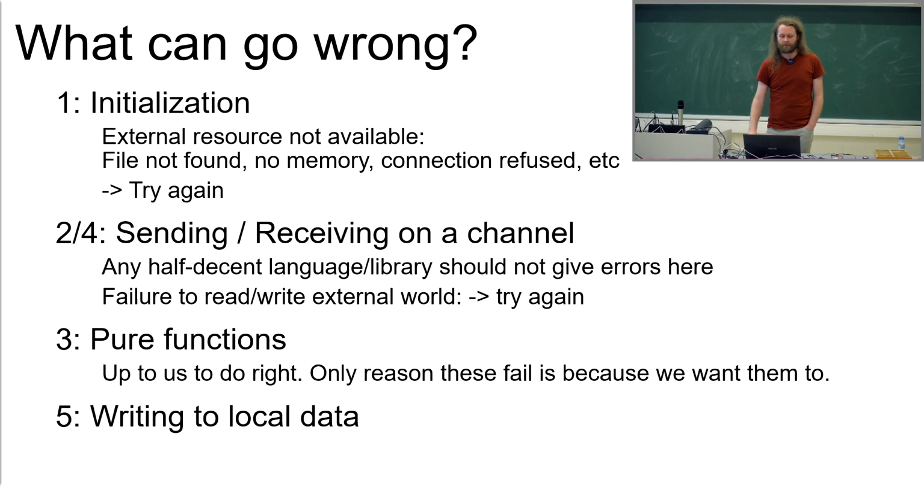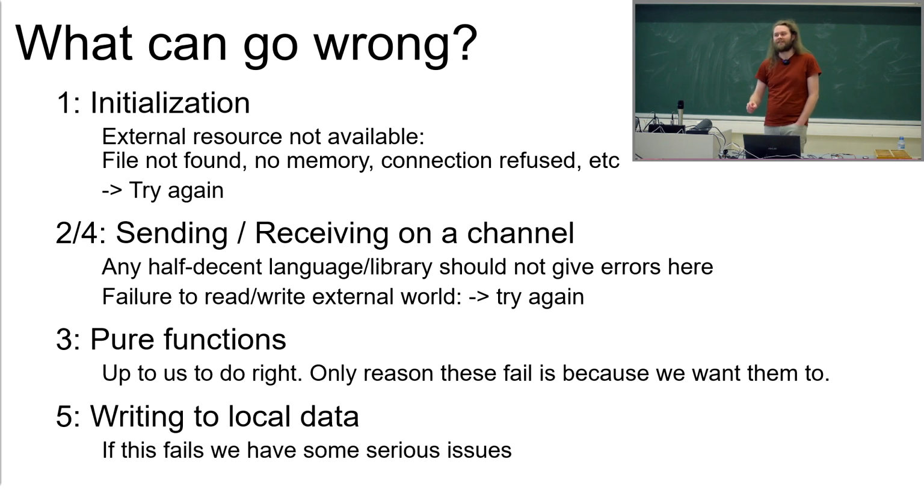And then the final one, writing to local data. This is overriding our own local data structure. Now, if this one fails, then we have some serious, serious issues. Because if writing to a variable doesn't work, well, first of all, I can't think of a single programming language that will return an error here.